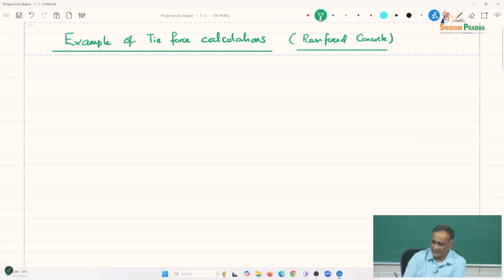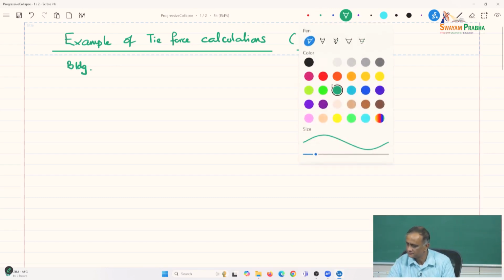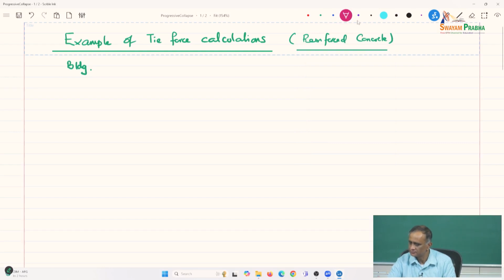So the building is, let me see, a 6-story building, and it is an ordinary concrete moment frame.